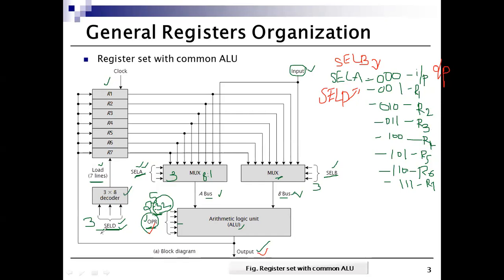If the select lines are 0, 0, 1, then the D1 output will be activated. D0 to D7 are the decoder output lines. D1 will be 1 and all the remaining will be 0.